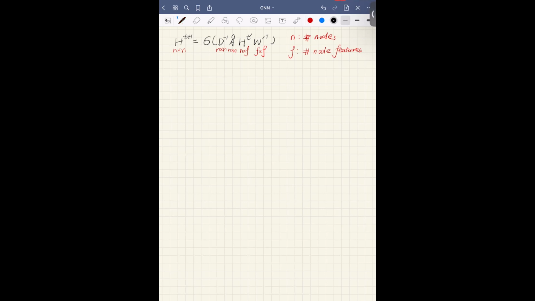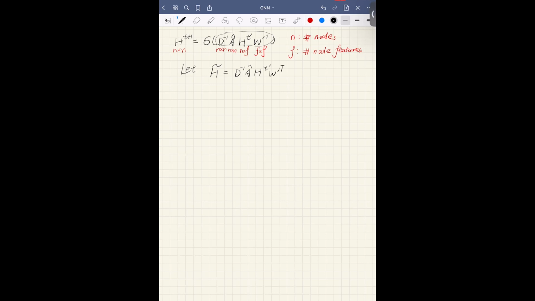So first, to make this equation easier, I will define two terms. The first term wraps up the things within the parentheses. So let H delta equal to D A H_t prime, with transpose.